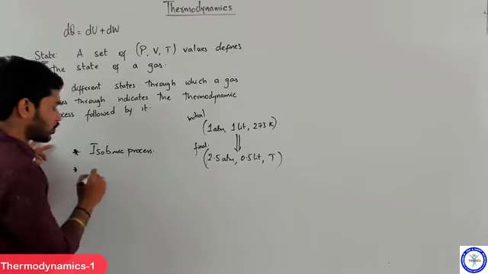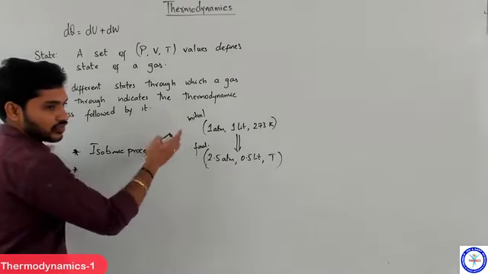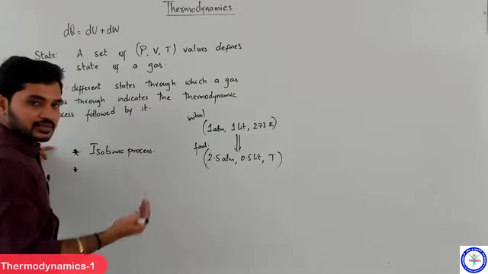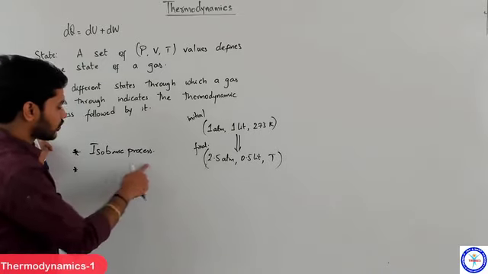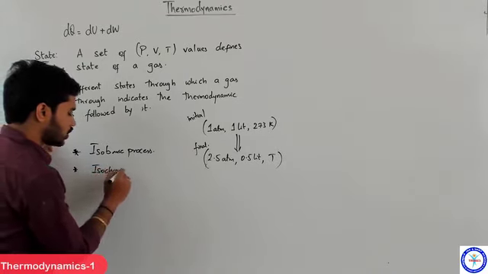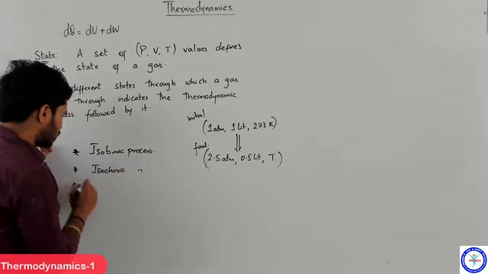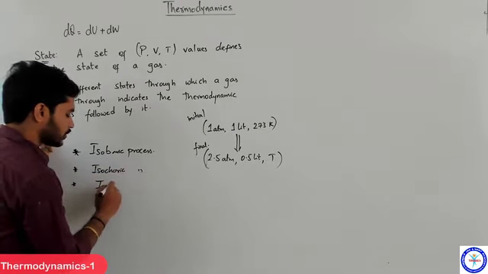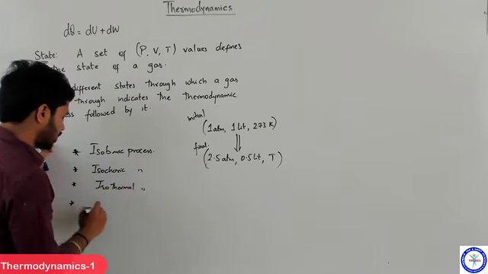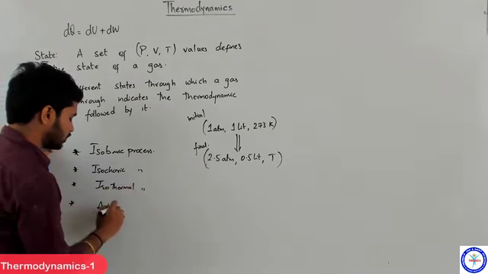There are infinite ways in which a gas can go from one state to another. We are just discussing a few standard thermodynamic processes, one of which is the isobaric process, the isochoric process, then we'll have the isothermal process, and finally the adiabatic process.